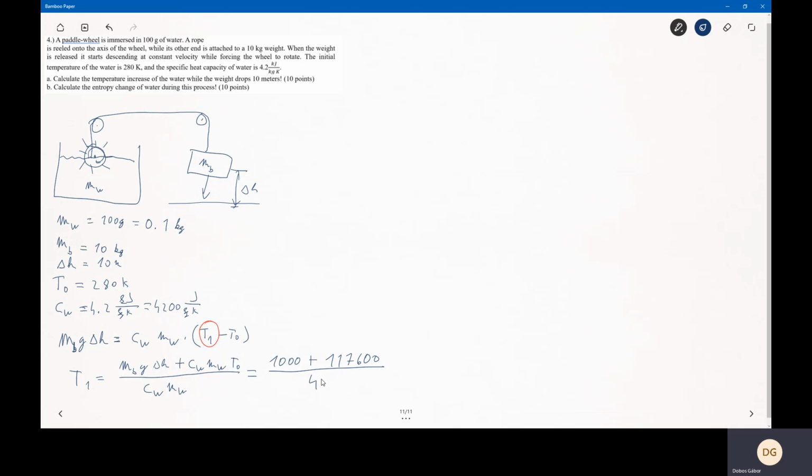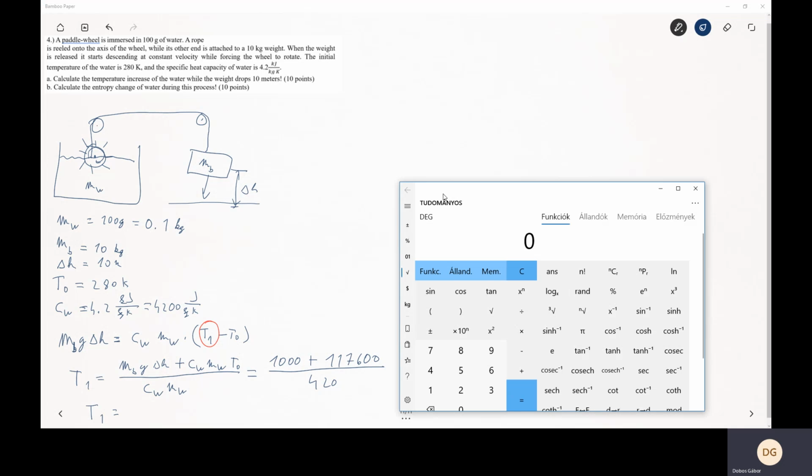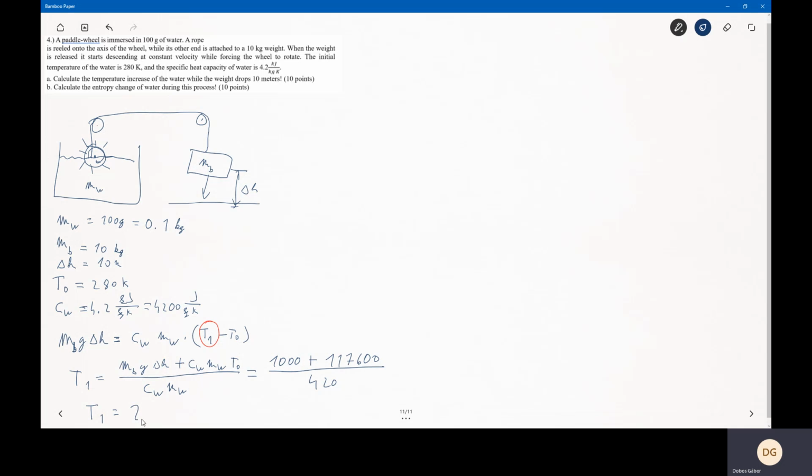Okay, so this is what I have to calculate, and from this T1 equals, well, if I add 1000 to that, that is 118600 divided by 420. So the equilibrium temperature is 282.4 kelvins.